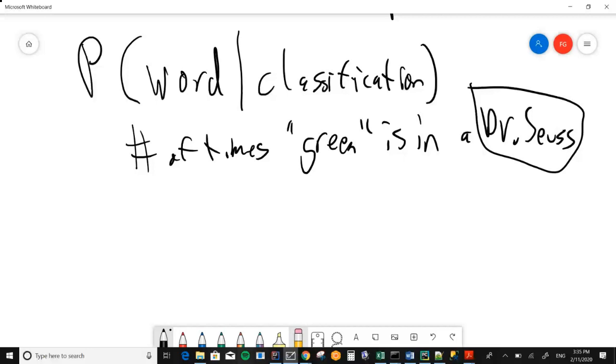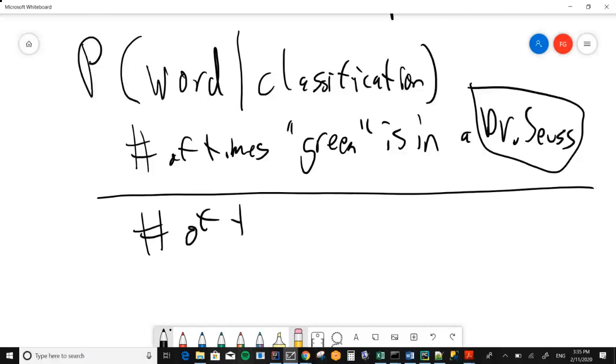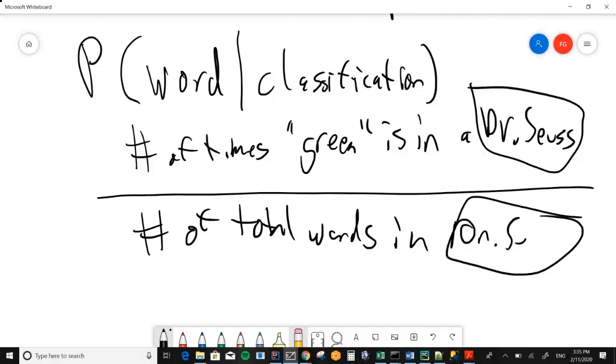In any event, we then divide this by the number of total words in the Dr. Seuss category. So if you add up the total number of words in all documents in that category, this is a way of saying, given that we're in that category, this is the probability of seeing that word.